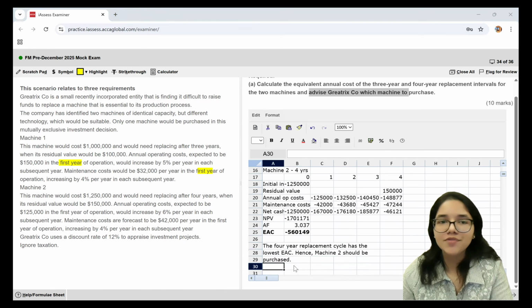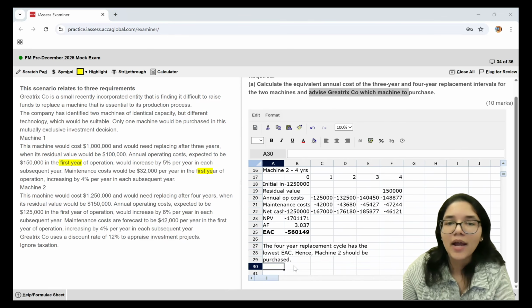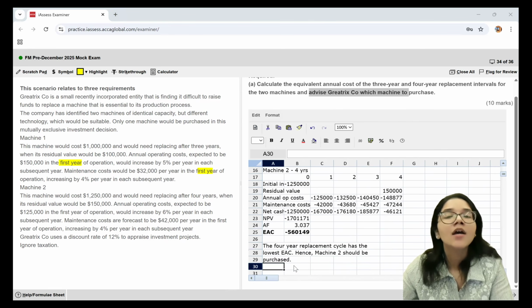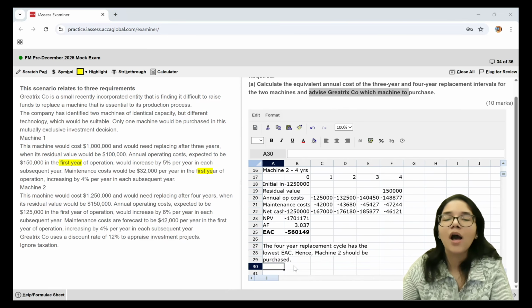All the calculations will total up to 9 marks. 1 mark is there for the recommendation. So if you only do the calculations and in a hurry you forget to write the advice, you will lose 1 mark in this question, provided all of the other workings that you have done are absolutely correct. So ensure that you remember to answer the entire question in full.